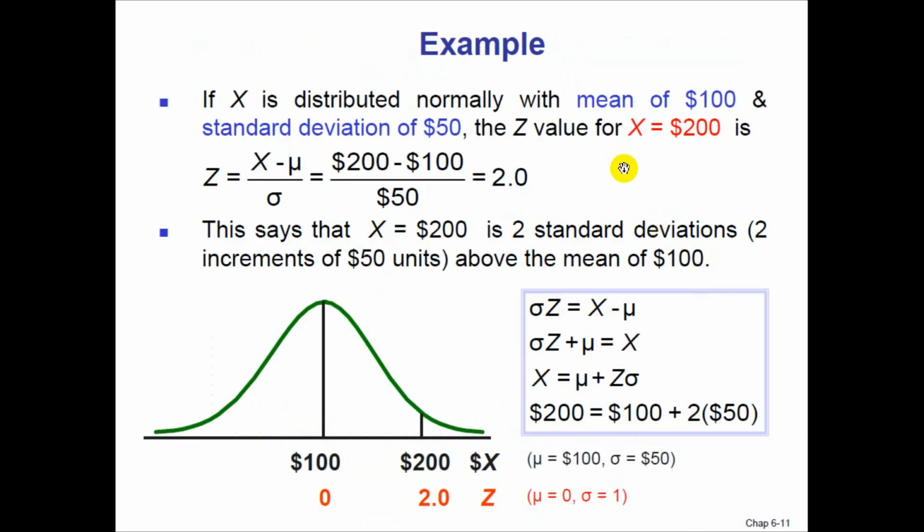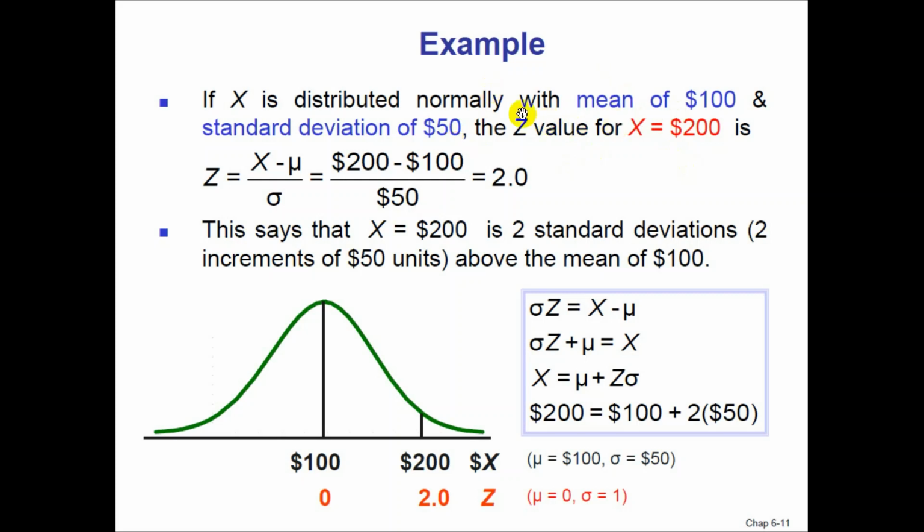So let's look at an example. If x is distributed normally with a mean of 100 and a standard deviation of 50, what is the z value for x equals 200? In other words, you are given the x value of 200, the mean is 100, and the standard deviation is 50.